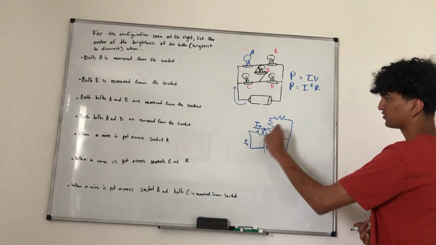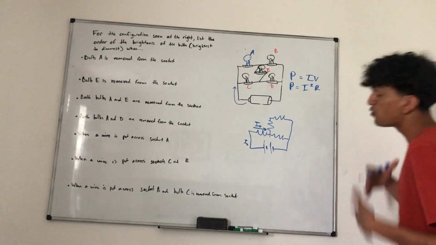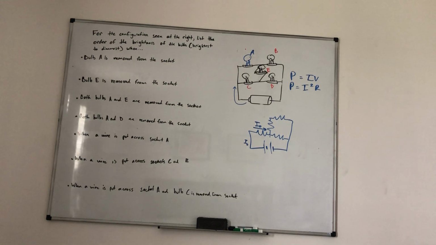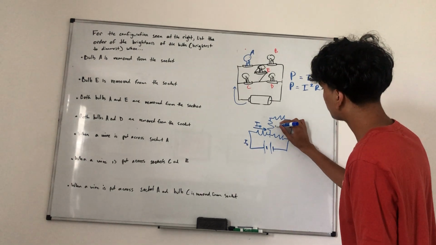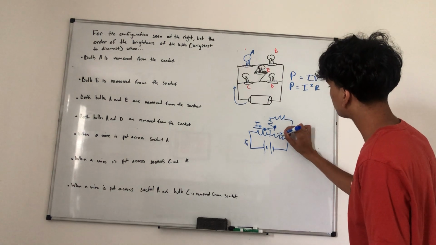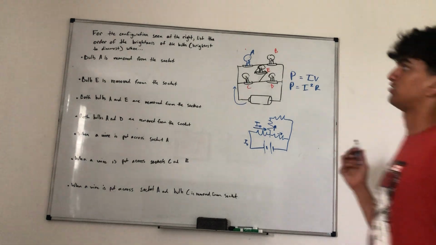It's getting all of the initial current, and that initial current is going to split up. Because of the conservation of charge, the current going through here is going to be smaller, and the current going through here is going to be smaller. C has to be the most.